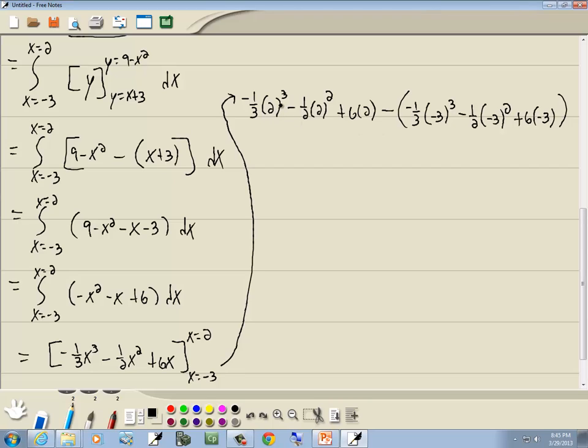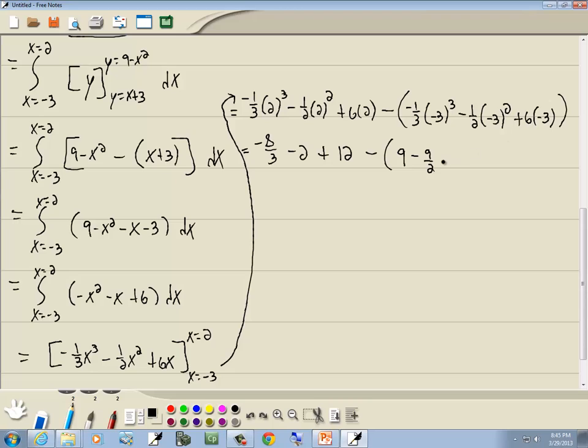Well, 2 to the third is 8, so that gives us negative 8/3. 2 squared is 4 times 1/2 is 2, so that's minus 2 plus 6 times 2 is 12 minus negative 3 to the third is negative 27 times the negative 1/3. Negative times a negative is positive. 27 divided by 3 is 9. Negative 3 squared is 9 times negative 1/2 gives us negative 9/2.